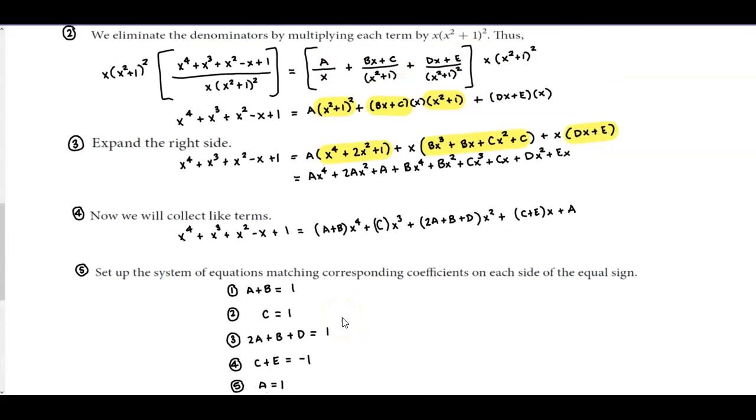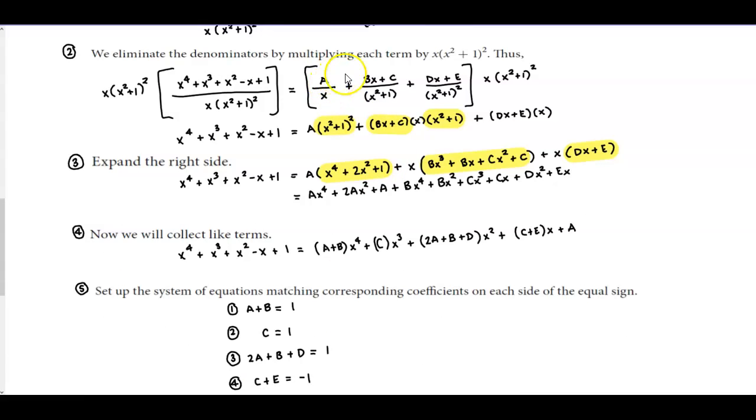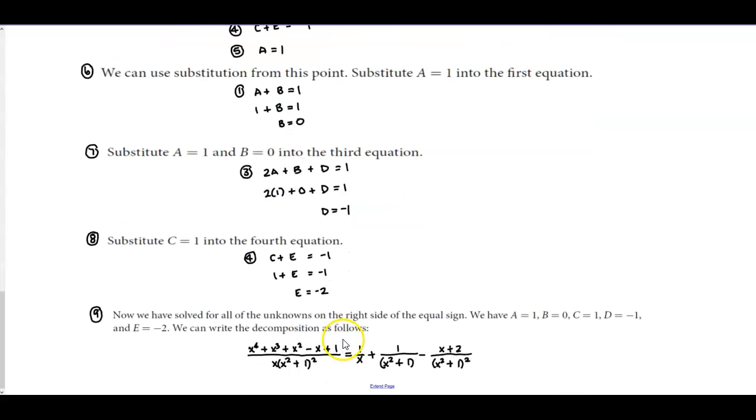So if we come back up here, we're going to substitute all the values that we had solved for. So we end up getting 1 over x plus 1 over x squared plus 1 minus x plus 2 divided by x squared plus 1 squared.